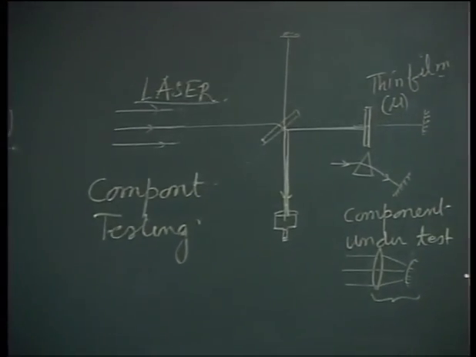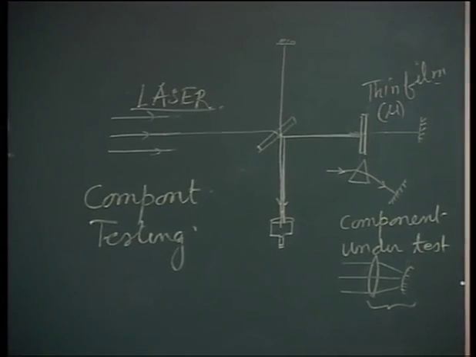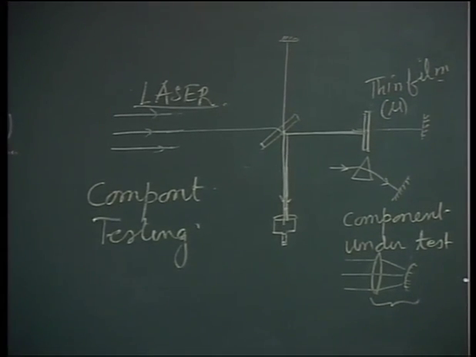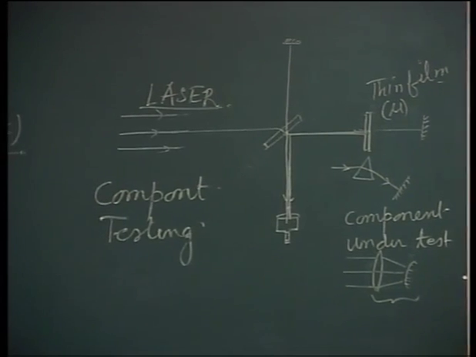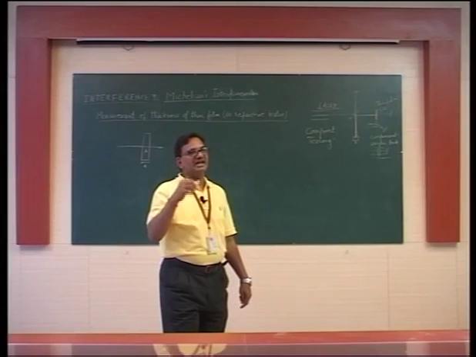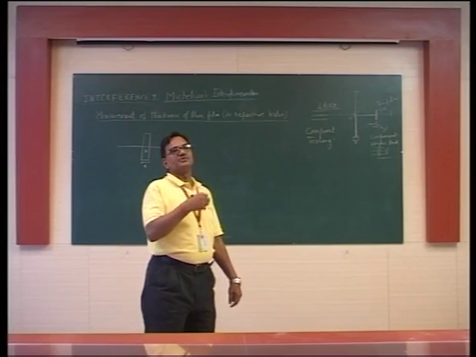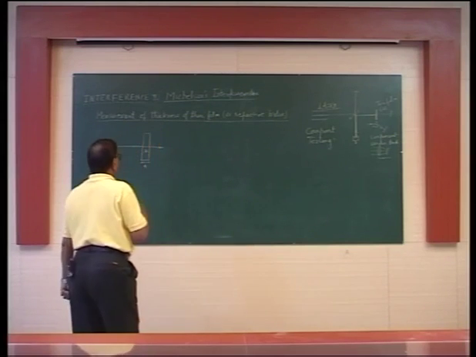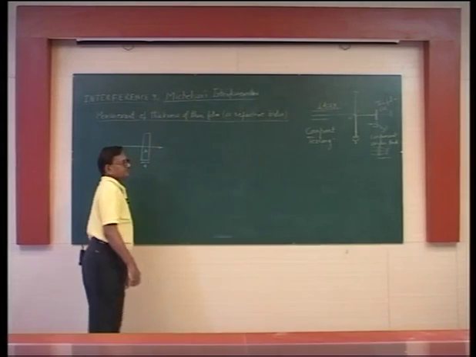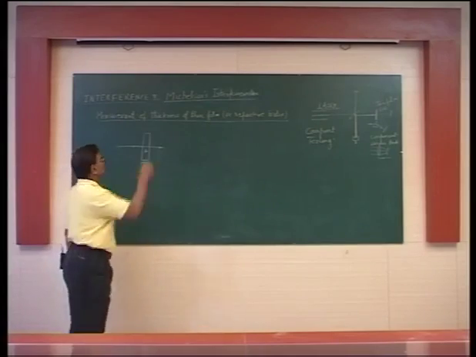Since light traveling through a medium has less velocity than in air, the light ray passing through the film will be delayed as compared to the light traveling in the other arm. Let us see how much path difference this introduces.